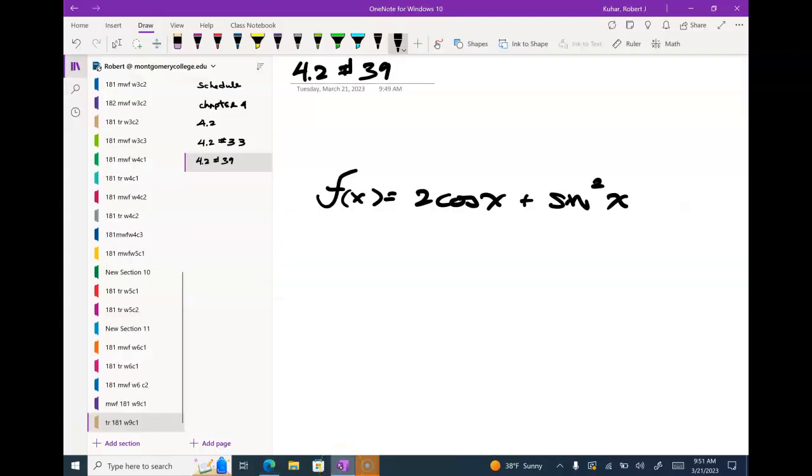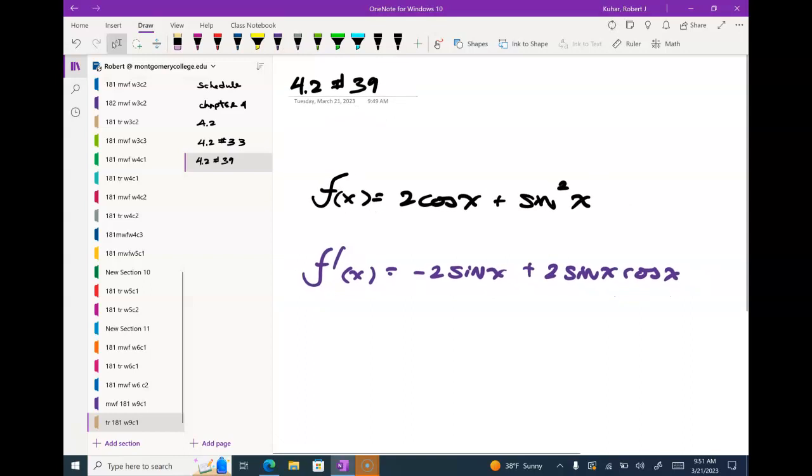So we're going to find the derivative. Pretty easy. So f prime of x: the derivative of cosine is negative sine, and the derivative of sine squared is 2 sine x cos x, right? I had one like that on your midterm.